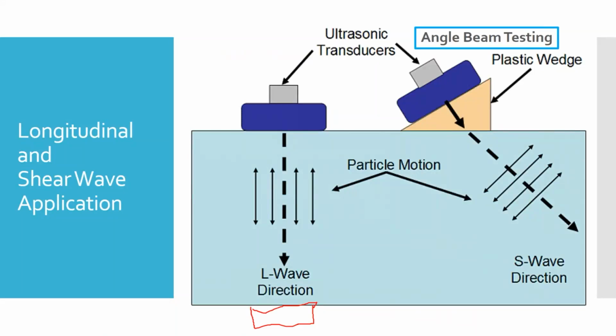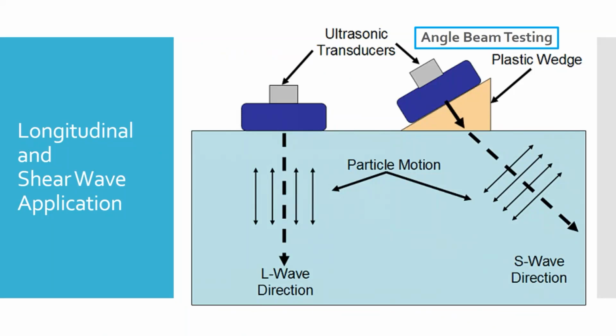Okay. In some cases, though, rather than using a longitudinal wave, we can use a shear wave in order to go off to the side. So that's what's shown on the right here, is angle beam testing, which uses a shear wave. And so I've got an angle beam transducer here. I'll pass it around. And if you look inside of this, there's a clear acoustic material, just like our delay line transducer.